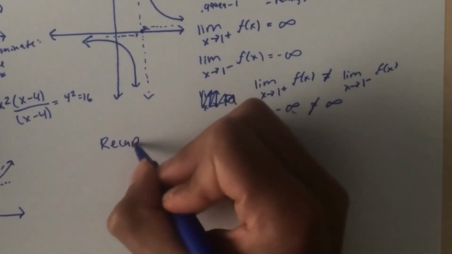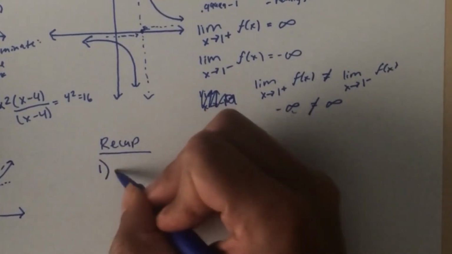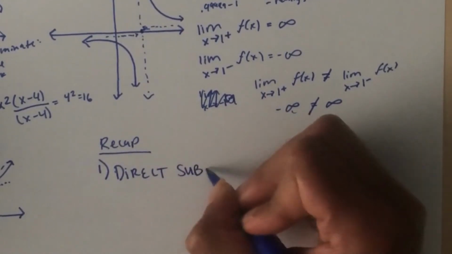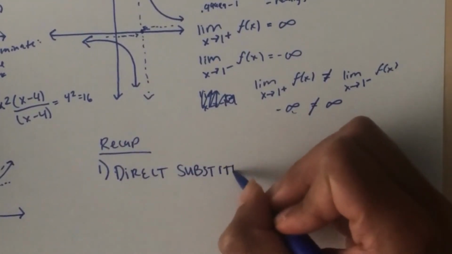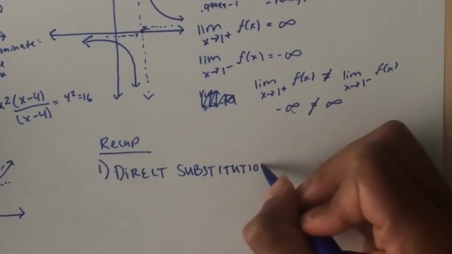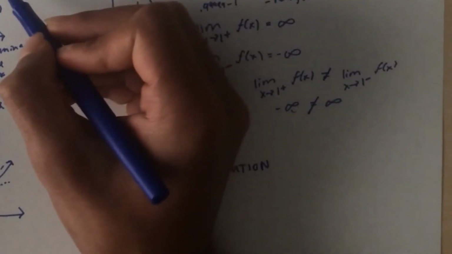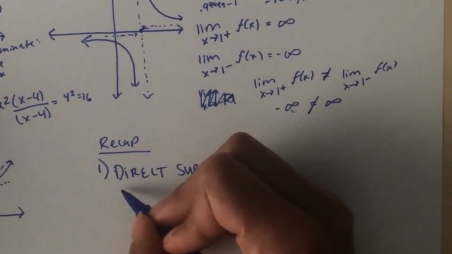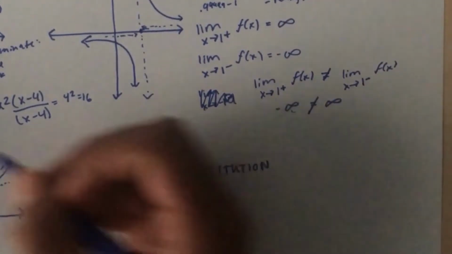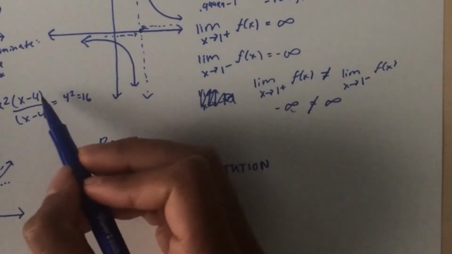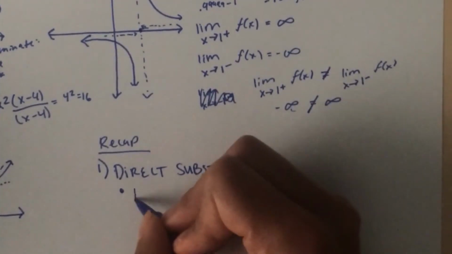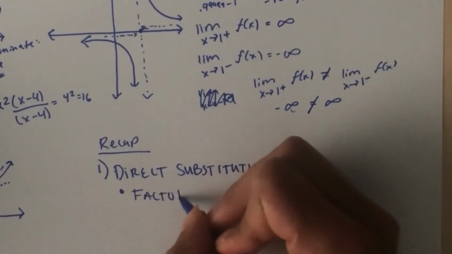And just to recap what we went over, we basically learned direct substitution. This is when we basically plug it in, no different from when we treat it like a normal algebraic equation. And within that, we have another tool of factoring, where we can factor it out to get it to a simpler form, and then apply direct substitution.